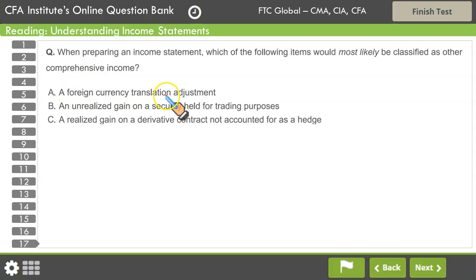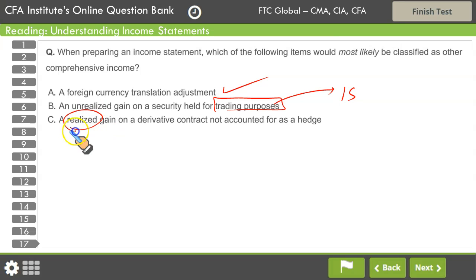A, foreign currency translation adjustment. Absolutely yes. An unrealized gain or loss on a security designated as a trading security, whether it's a debt or an equity security. If it's a trading security, any unrealized gain and loss goes to your income statement, not to OCI.